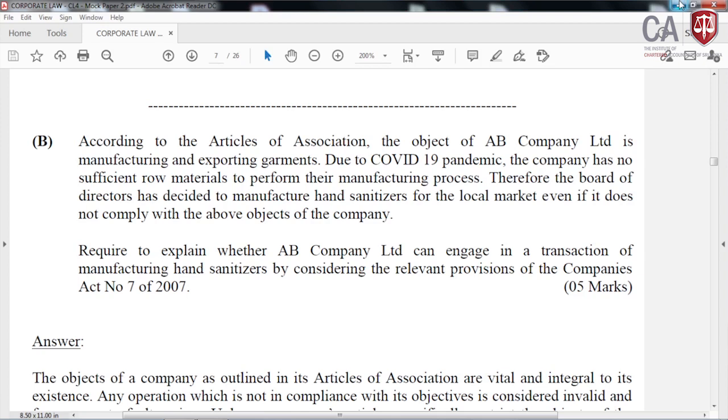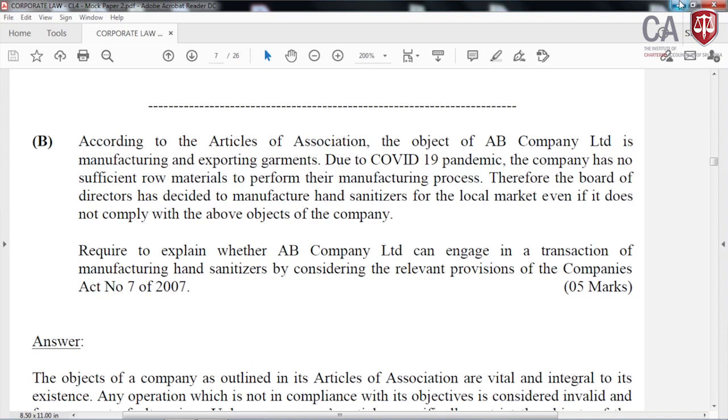Now, you would see that this question carries 5 marks. I would like to provide you a very comprehensive answer covering all the relevant areas in this question, but you may decide how long you would like to make the answer in your question paper.